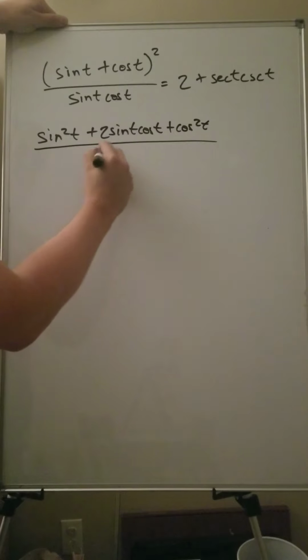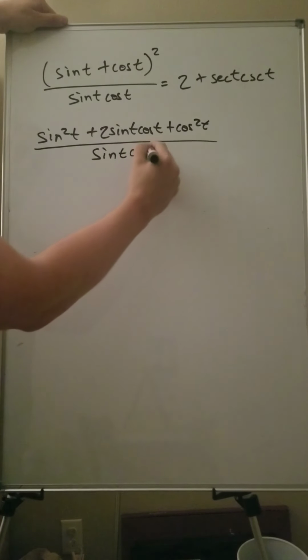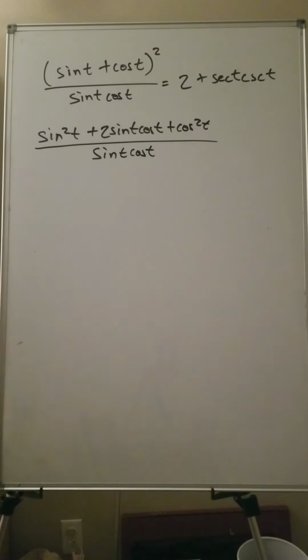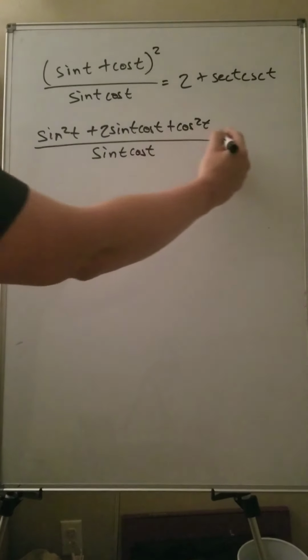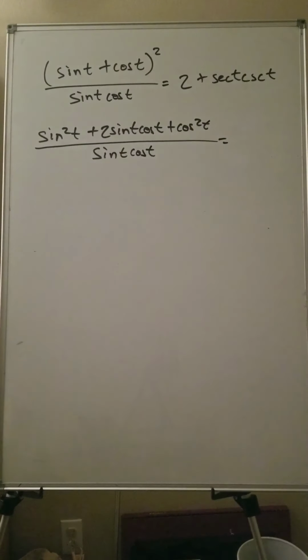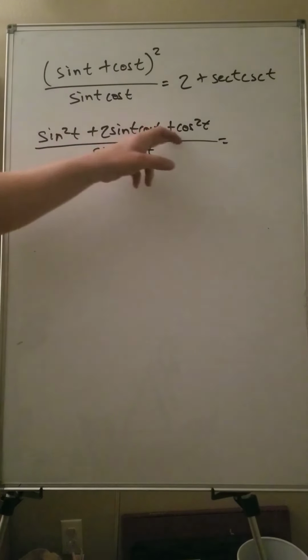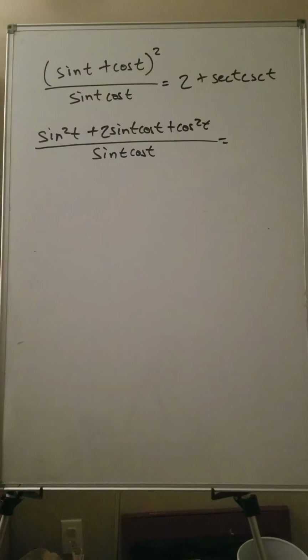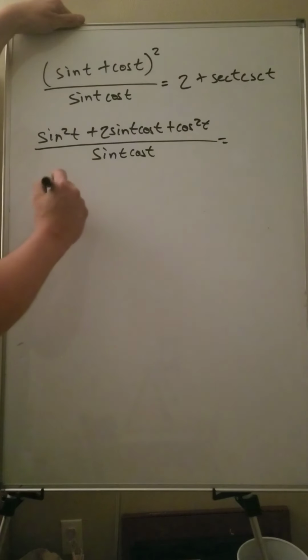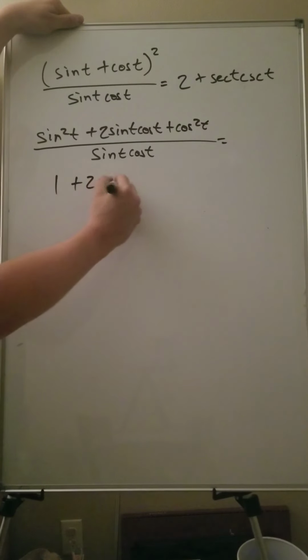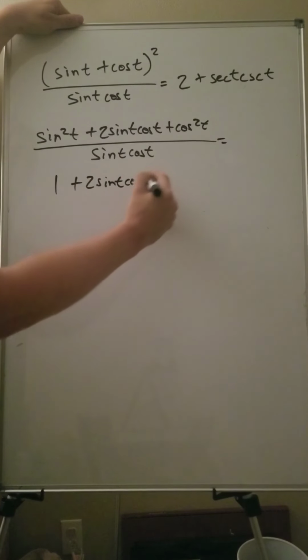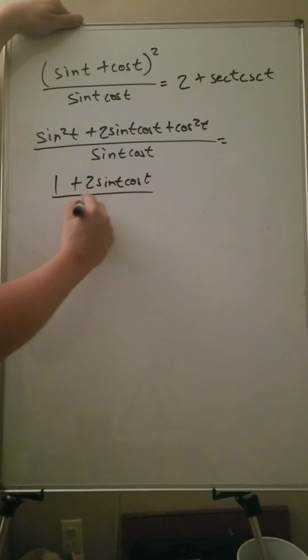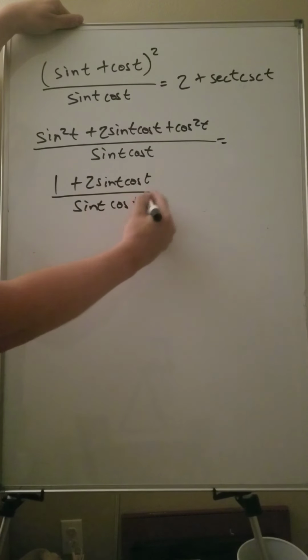In the denominator, I just have sine of t cosine of t. Well, on top now I see that I have a sine squared t and a cosine squared t. Sine squared t plus cosine squared t, we know that's the identity, that's just 1. So this is really 1 plus 2 sine of t cosine of t over sine of t cosine of t.